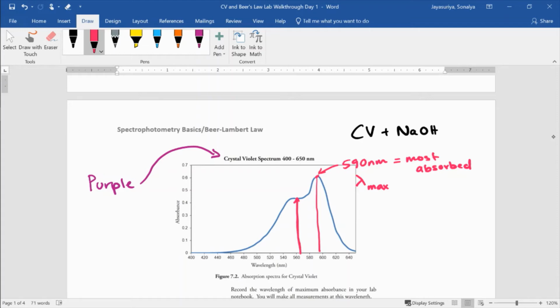Because if that's the one that's most absorbed, then if you change the concentration of the solution, you will see less absorbance there, okay? Or if you increase it, you'll see more absorbance there. So this is where it has the greatest sensitivity to the concentration of the solution. That is why we use lambda max, okay?